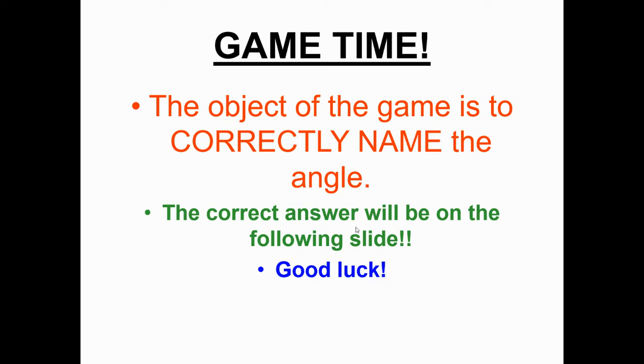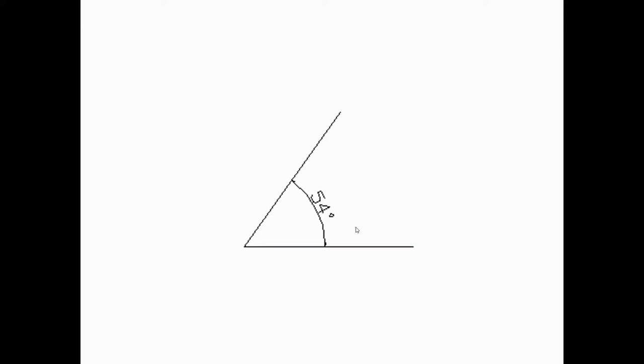So here is a game we're going to play. The object of this game is to correctly name the angle. The correct answer will be on the following slide. So here we go. Here is our first angle. Here's our vertex. Here's our first ray and second ray. And the degrees is 54 degrees. What type of angle do you think this is?